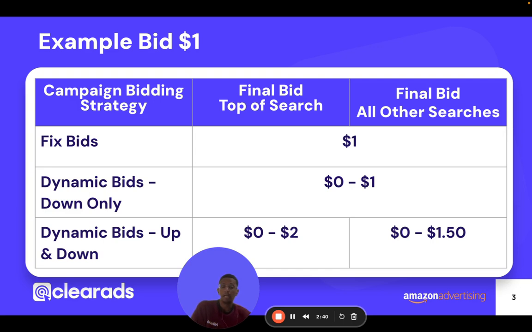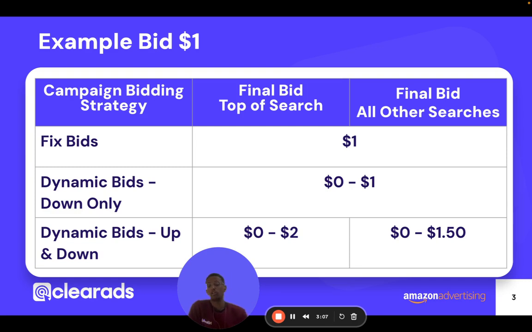Like I mentioned, you really want to take control. The only example I can think of where you want to be doing dynamic bids up and down is if you have an unmanageable amount of campaigns or you don't have the resources to manage your campaigns properly, so you just want to allow Amazon to figure out where to serve your ads.